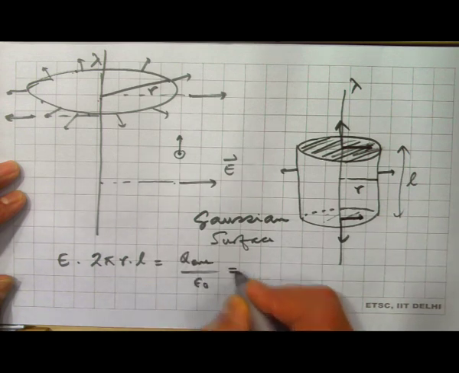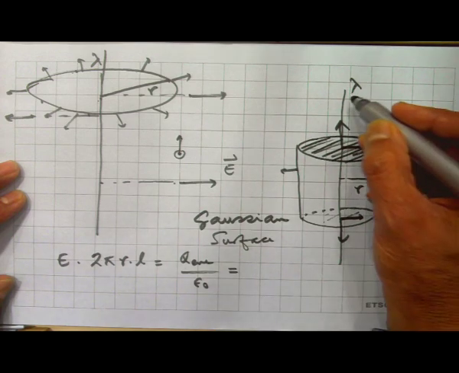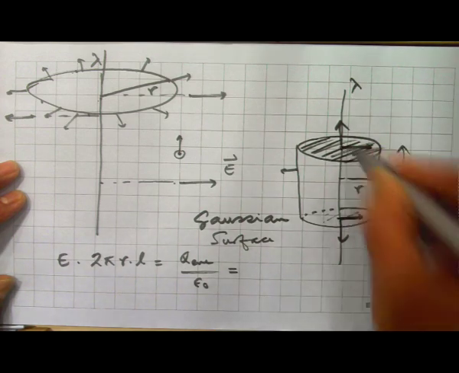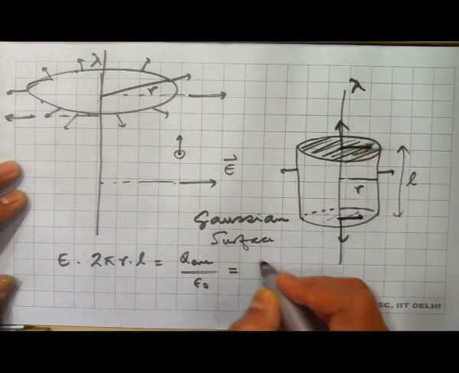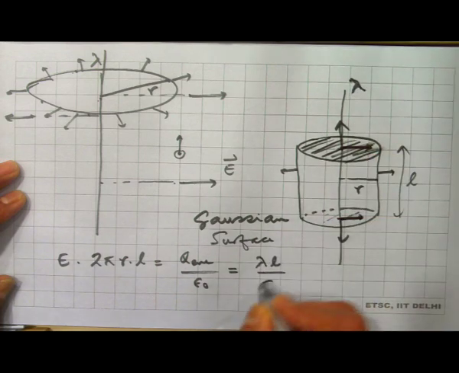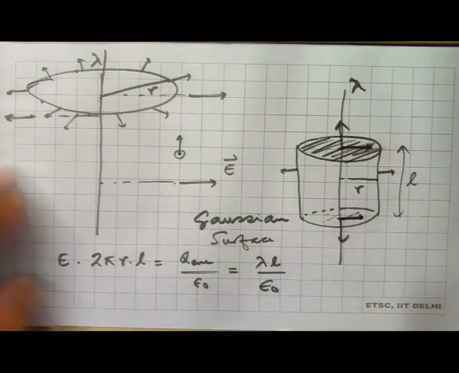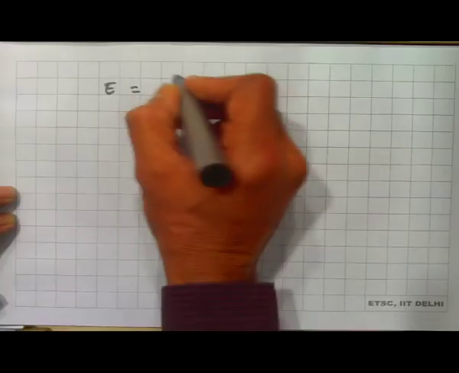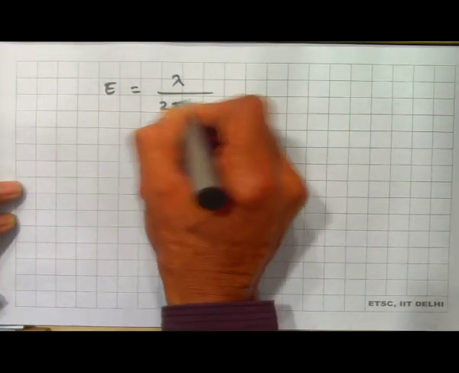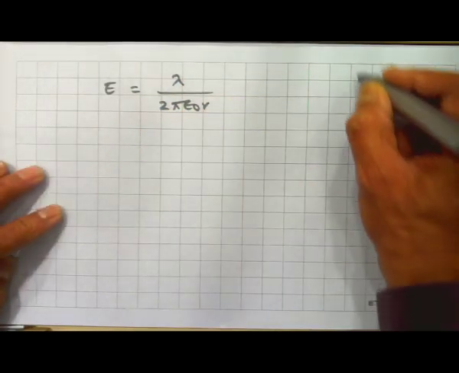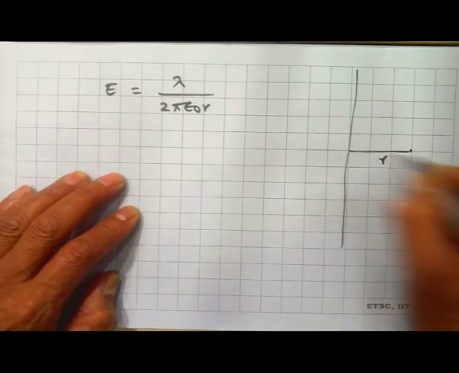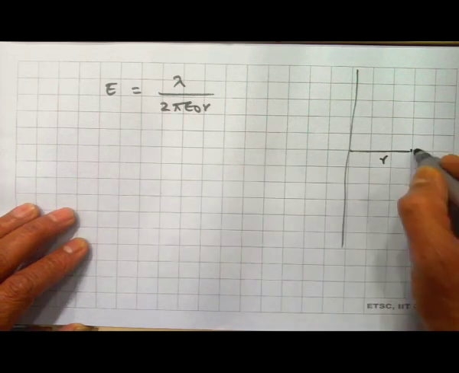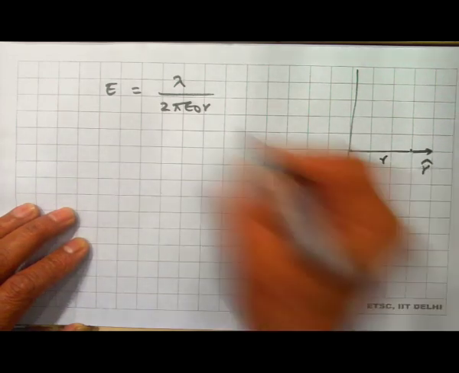And what is the charge enclosed? Charge per unit length is lambda, and this is the length L of the wire. So, the charge enclosed is lambda times L, divided by epsilon 0. That gives me immediately an expression for the electric field: E is equal to lambda divided by 2 pi epsilon 0 r. So, this is the distance r, and the vector is along this direction.